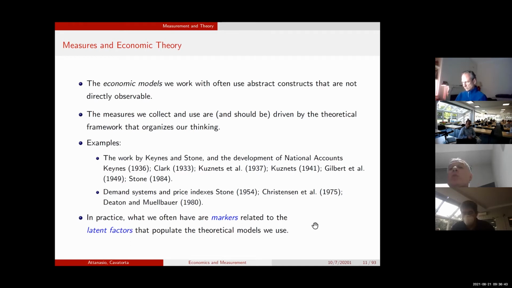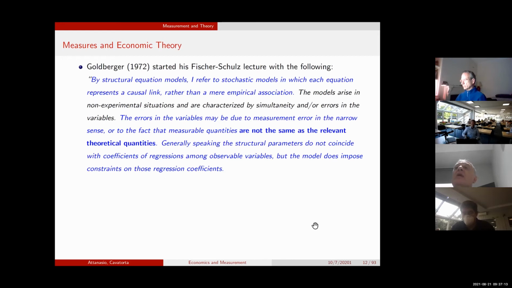So in practice, what we often have is what I like to call markers that relate to the latent factor that populates the theoretical models that we use. When Eric was presenting his work yesterday, he was referring to this variety of measures that can reflect the influence of the latent factor we're interested in.